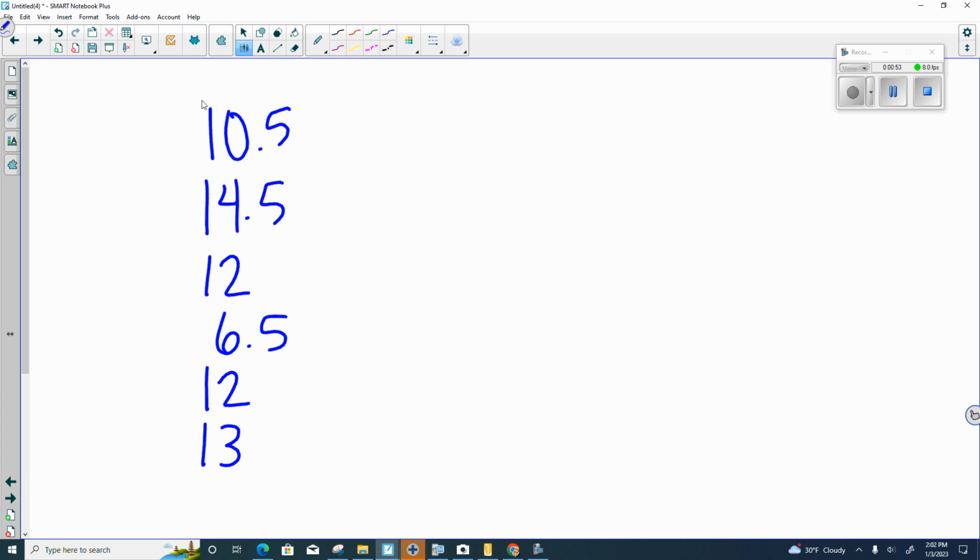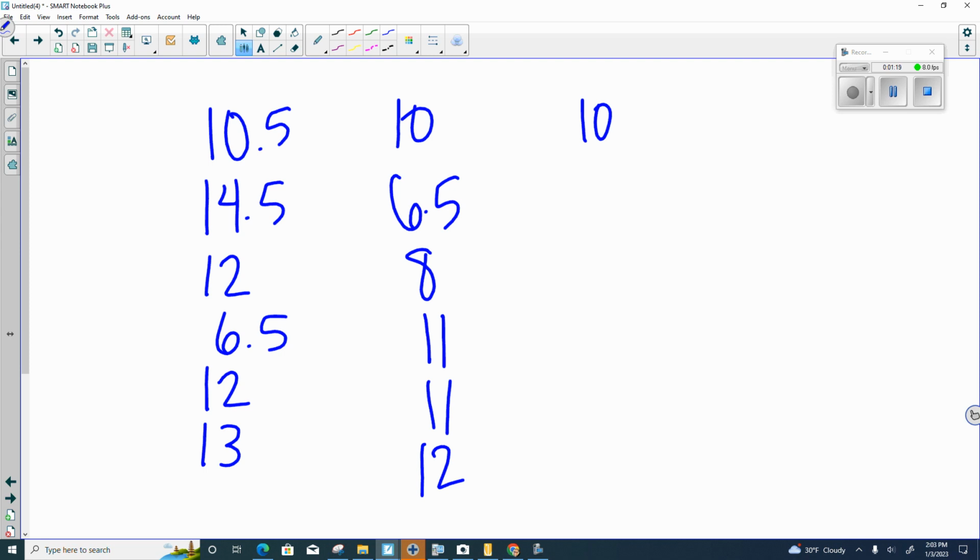Does anybody not know their shoe size? 6.5. Oh, I almost skipped you. Does anyone know how big this is? 12. Campbell, I skipped you.